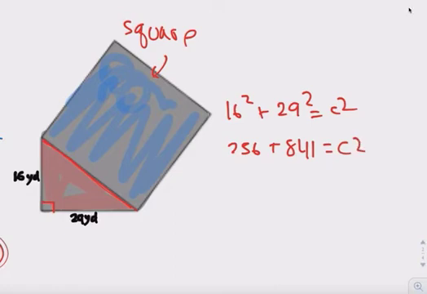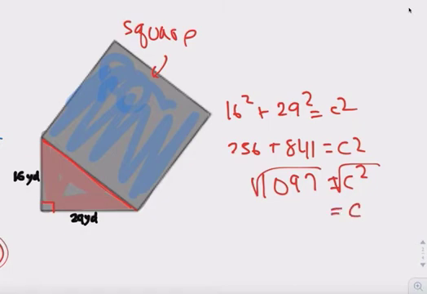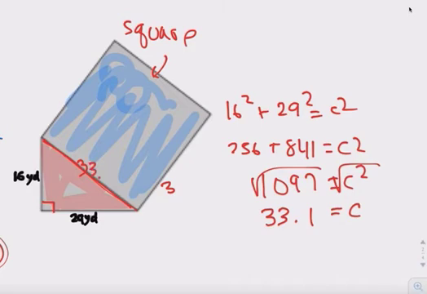I need to see this work. 1097 equals c squared. The square root of that, the square root of 1097, is equal to 33.1 rounded to the nearest tenth. This is all 33. Oh my goodness, I say it and I don't write it right. 33.1.